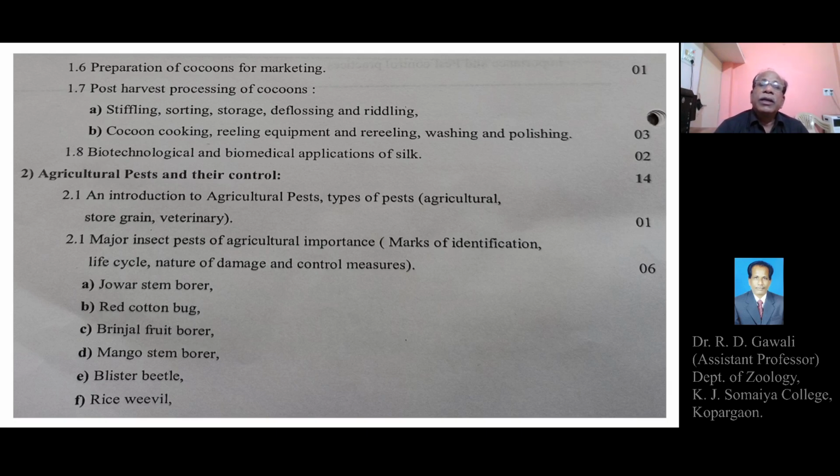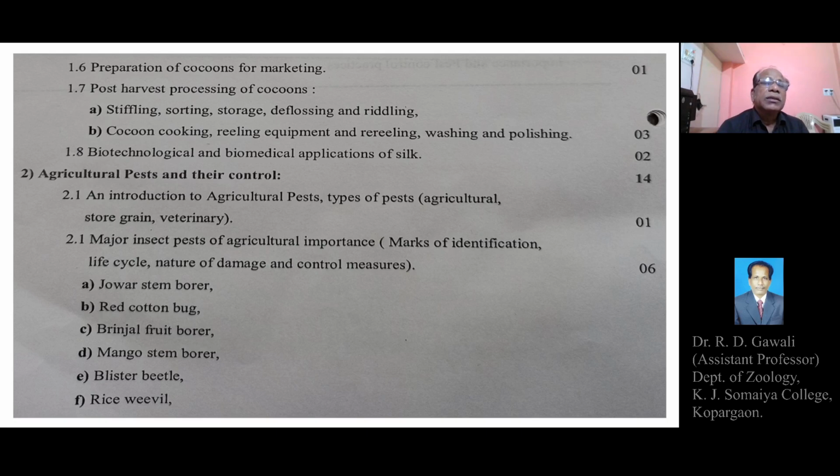So reeling, re-reeling, then washing and polishing. During washing and polishing, undesired gummy knots which are present on the silk thread are removed, and the silk is properly washed in acid water and then reeled, re-reeled so as to get good quality raw silk for marketing purpose.